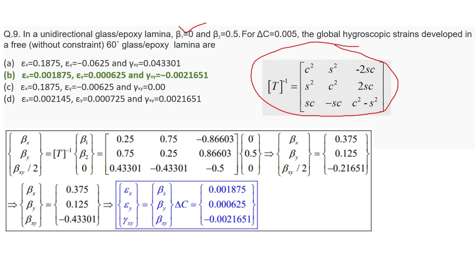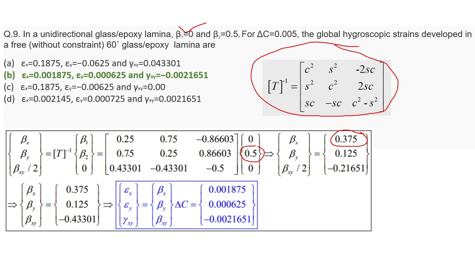Then you have to multiply it with the matrix of the moisture coefficients, that is beta 1, beta 2, and beta 12. So beta 12 value is 0, beta 1 value is also 0, beta 2 value is 0.5. So we will multiply this. In the first line, when you multiply, this will multiply to 0, this will also multiply to 0. In the second one, 0.75 multiplied by 0.5 becomes 0.375.